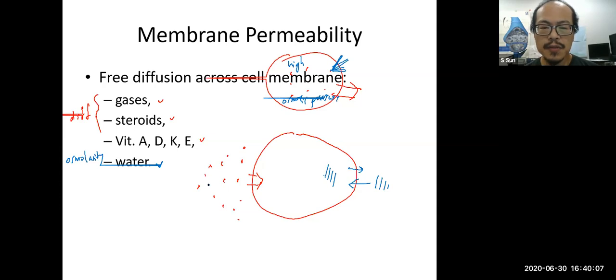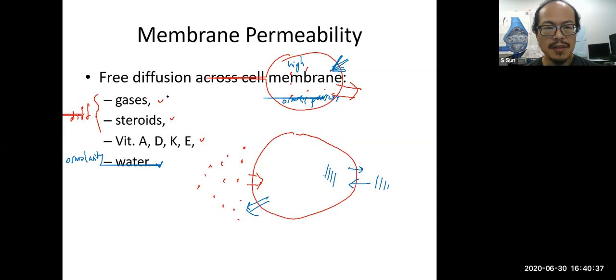And for example, if inside the cell is like nothing, but outside we have a lot of substance, then the water will be driven out because outside has high density of stuff, high osmolarity, high osmotic pressure.